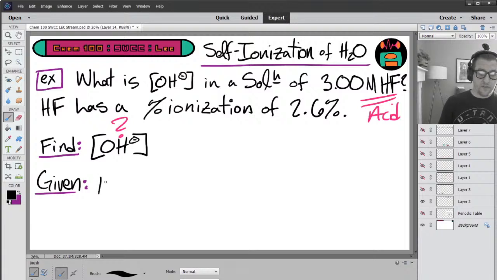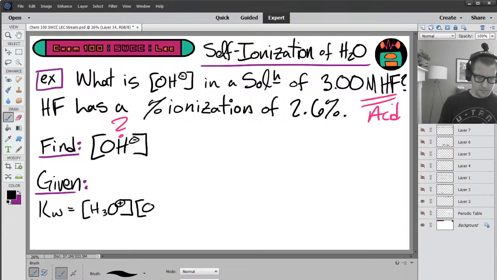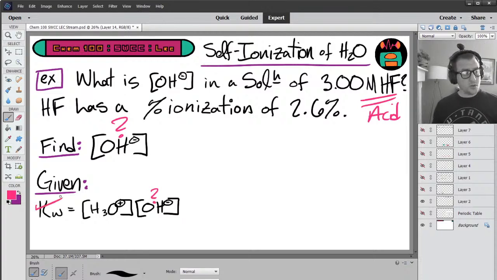The equation for the self-ionization of water: Kw is the concentration of hydronium times the molarity of hydroxide. And you'll notice, we're being asked for this. You always know Kw because it's written on your equation sheet.